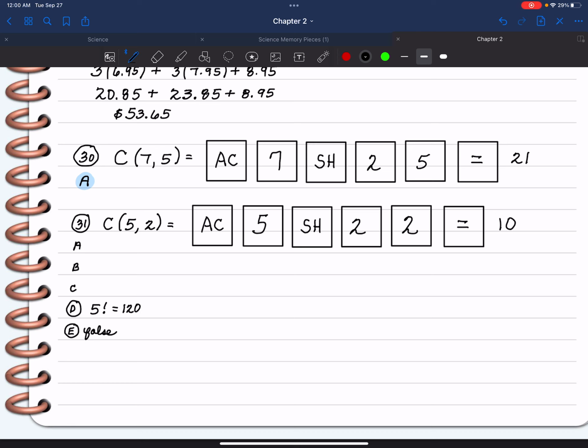So no, that's a false statement. C says she should have used the fundamental counting principle. No, because she's not really counting, she's choosing. So I would say that's a false statement. She's choosing, not counting.